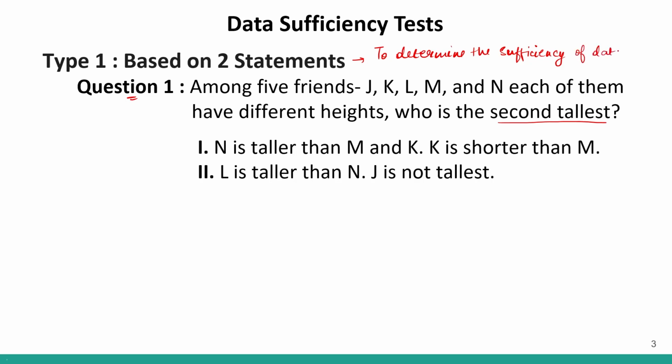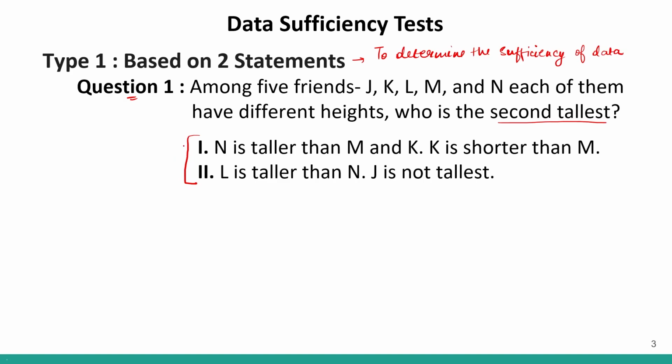That means we don't have to find the answer or the solution. We basically have to find out whether these statements are enough to answer the question. This is how we approach data sufficiency.